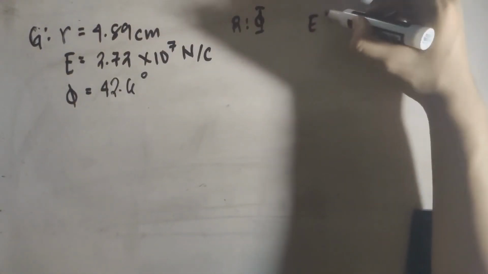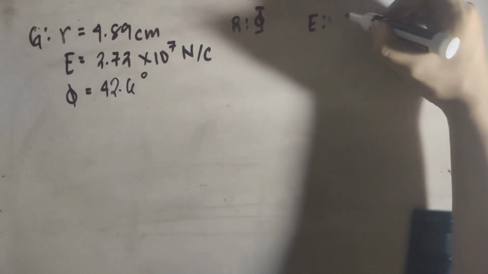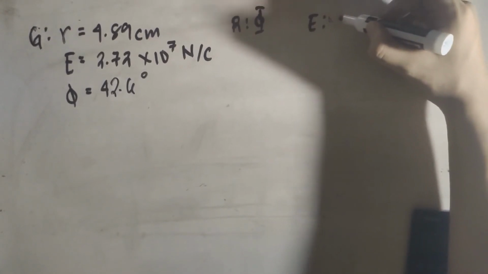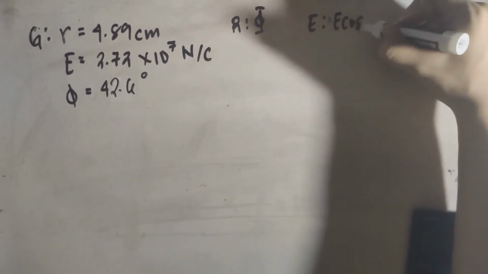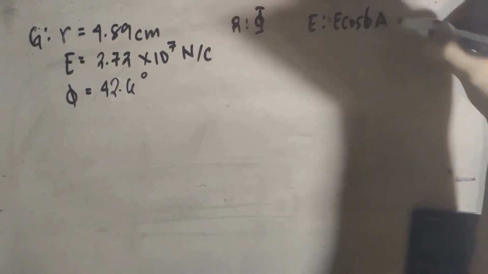Alright, our required for this problem is electric flux, and our equation would be E cosine phi times the area.